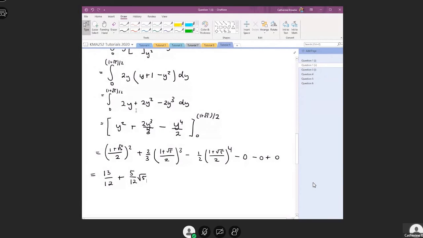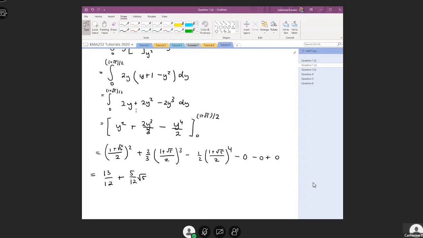Does anyone have any questions about that at all? I'm not going to do a question that's similar to question 2 in your assignment, because it's pretty much more of the same. You've got integrals, and then they're asking you to draw the region and reverse the order.